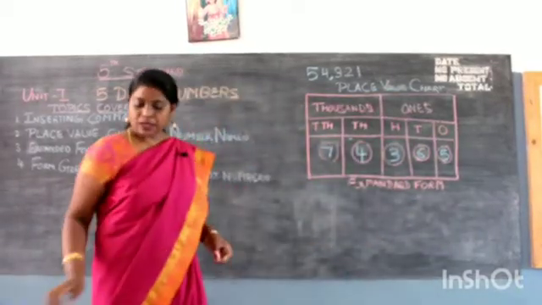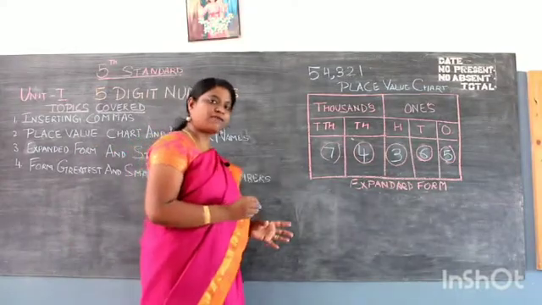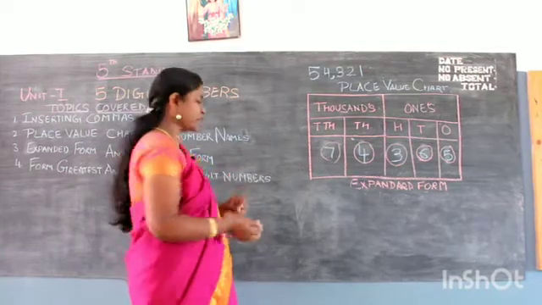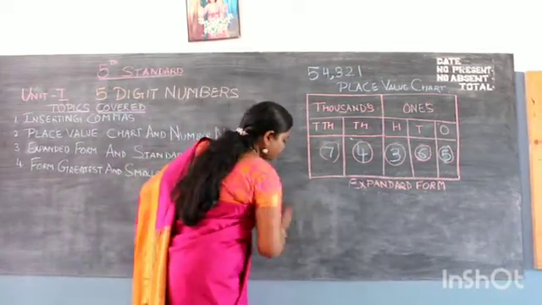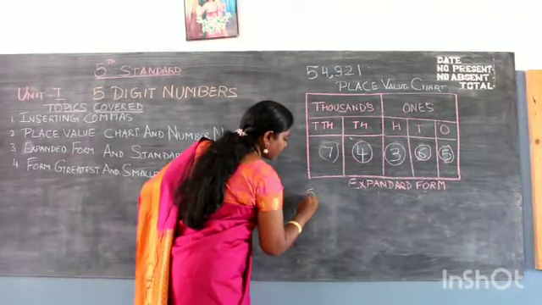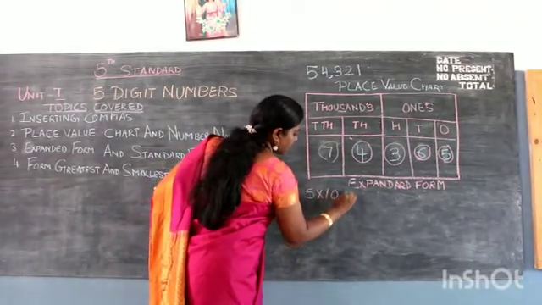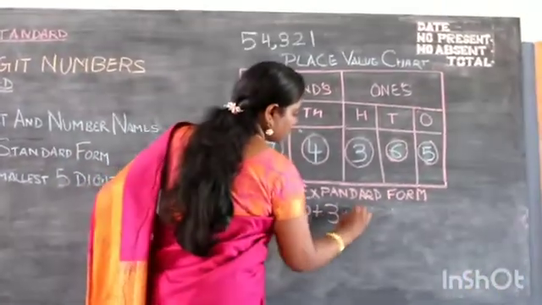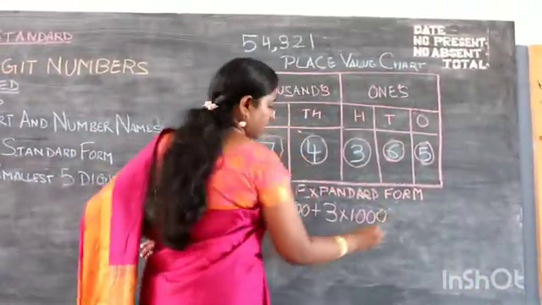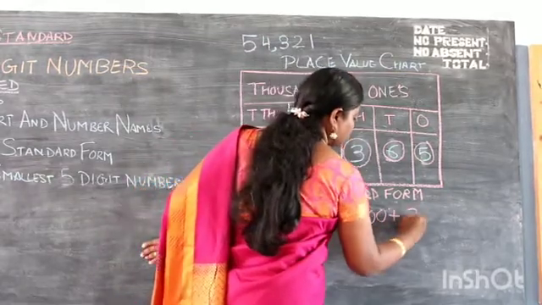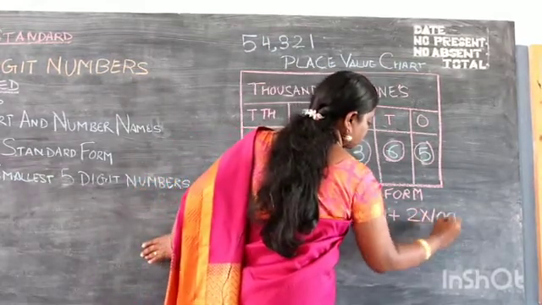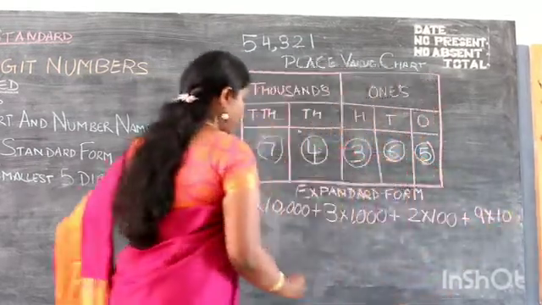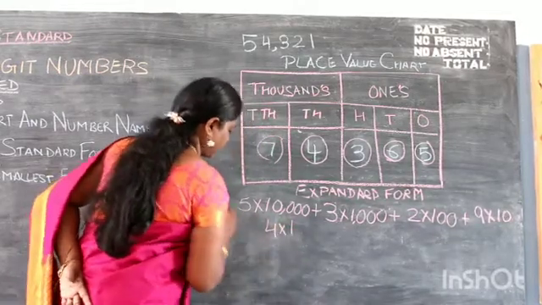Now I'm going to write a number in the expanded form, and then I'm going to write it in the standard form for you to understand how you're going to write it. Okay, so I'm going to write 5 into 10,000 plus 3 into 1,000 plus 2 into 100 plus 9 into 10 and 4 into 1.